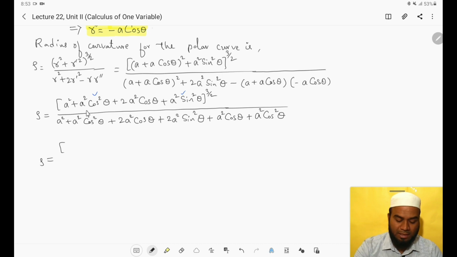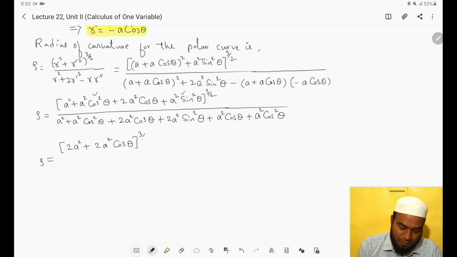You see here a square cos square theta is there, here a square sin square theta is there. When you take a square common, sin square theta plus cos square theta will remain, that will give you 1. So we will get a square from these two terms. Already one a square is here, so 2a square. Plus what is remaining? This term is over, this term is over, this term is remaining. So 2a square cos theta whole power 3 by 2.